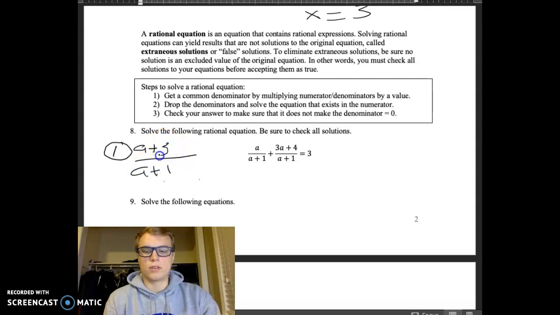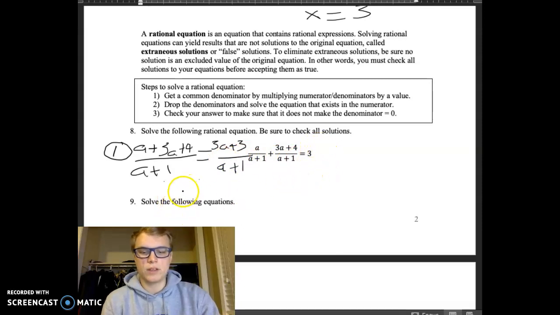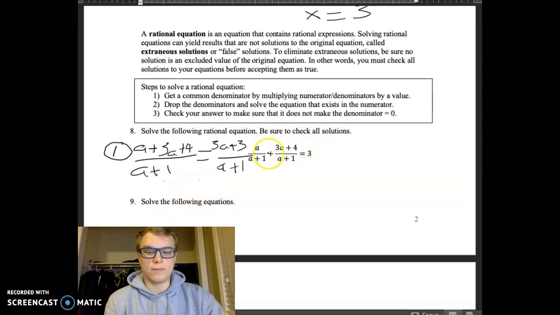So a plus 3a plus 4, and that will equal 3a plus 3 all over a plus 1 on the right side, okay? Because we multiply a plus 1 over a plus 1, and then we solve for a.